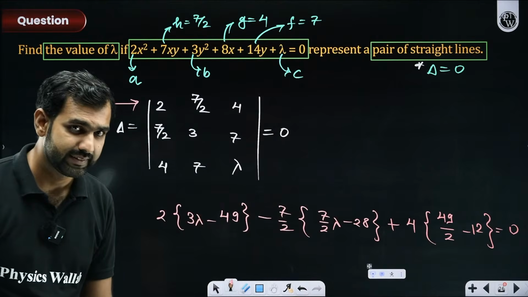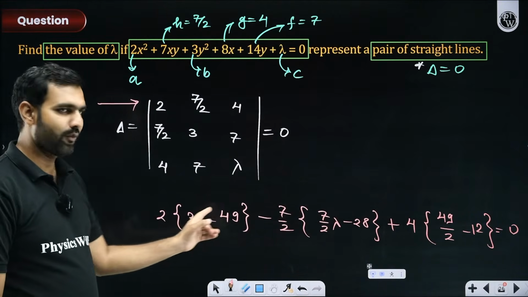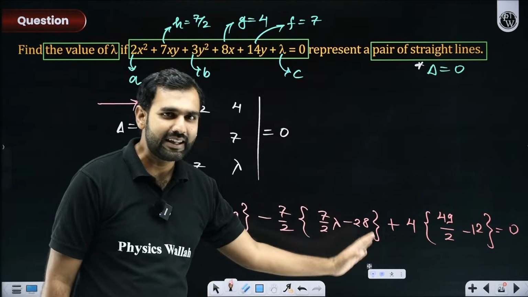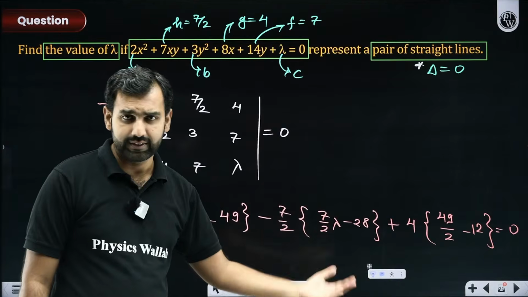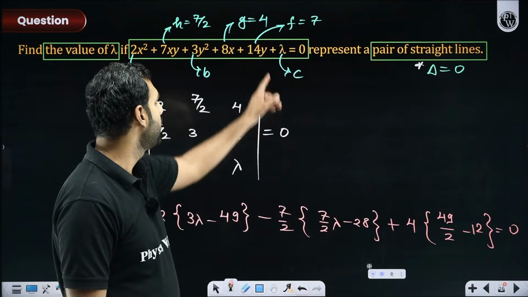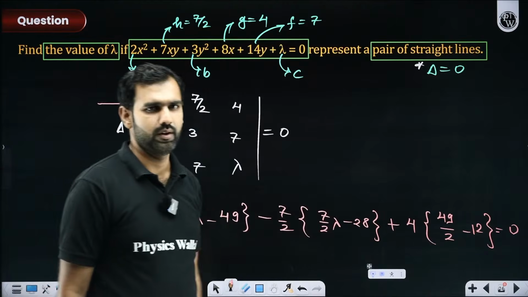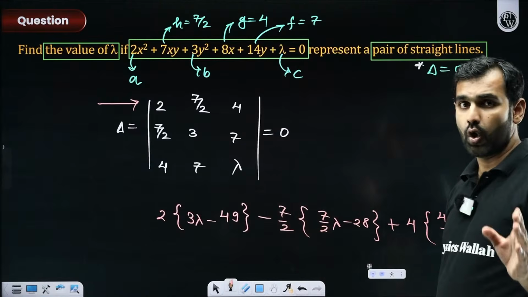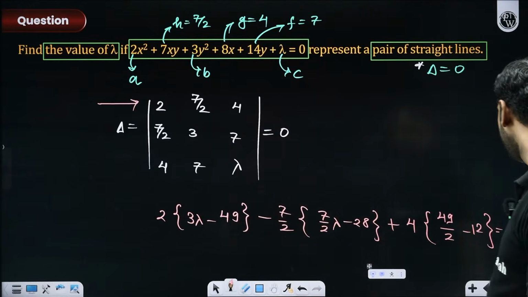Can I skip that calculation part so that we can save some time? You solve this linear equation in lambda, and you will get a value of lambda, which will be the answer to this question. I'm skipping the last step where you solve it for lambda, which you all know how to do. Can I move ahead from here?